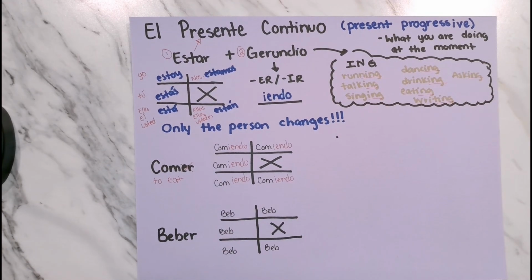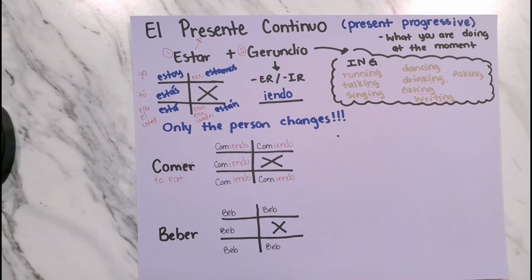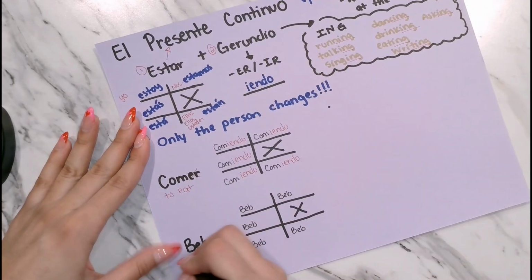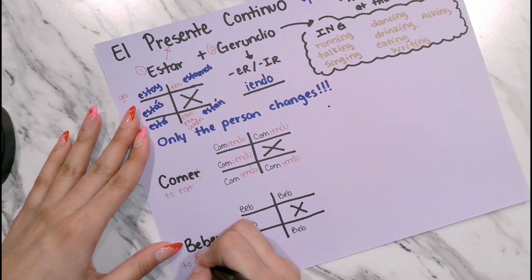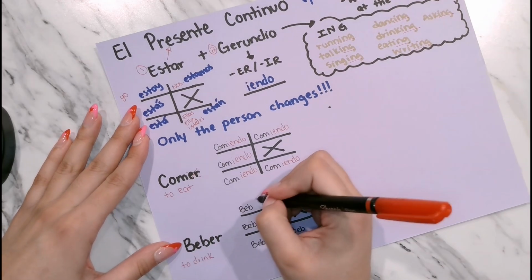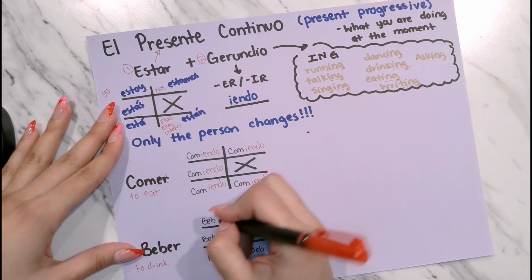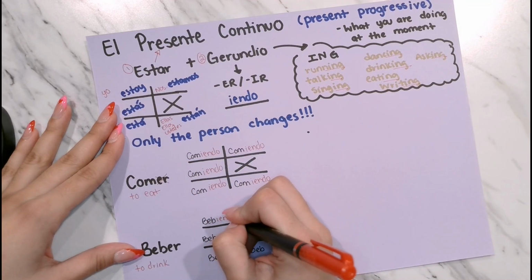Okay? We also have beber, which does not have an accent. Beber, to drink. And then we're going to add the same endings. Yendo.